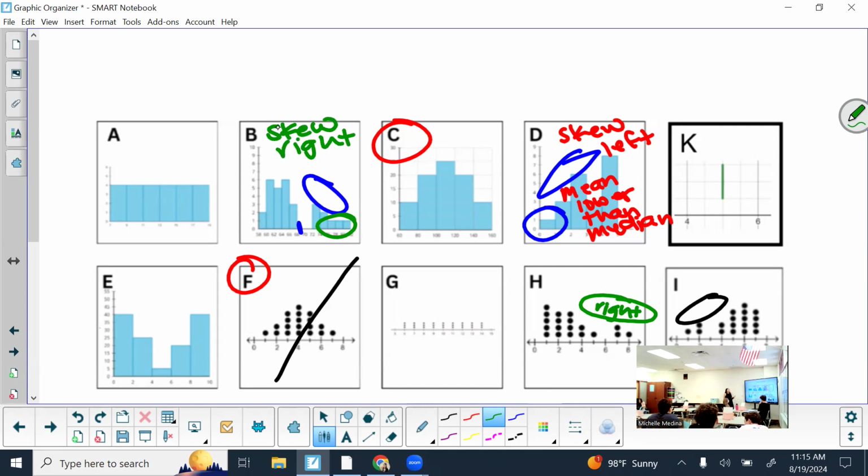Would you expect the mean to be higher or lower than the median? Raise your hand if you think the mean would be higher than the median. Okay, you're right. For this one, our mean would be higher because our outliers are pulling the mean higher this time. So it's on the higher end of the data. Make sense?